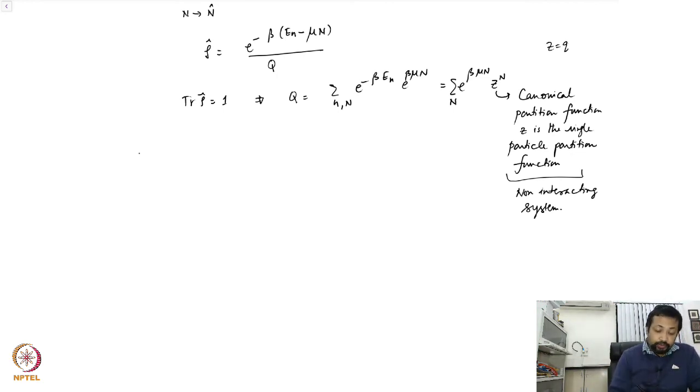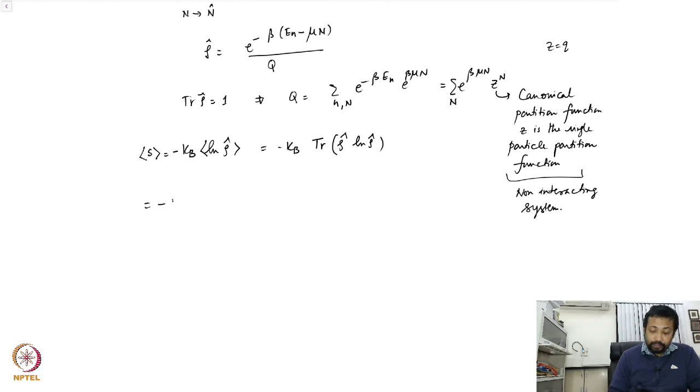Now the average of the entropy is, the same way that we had used it, minus kB the average of ln rho hat, which is minus kB trace of rho hat ln rho hat.